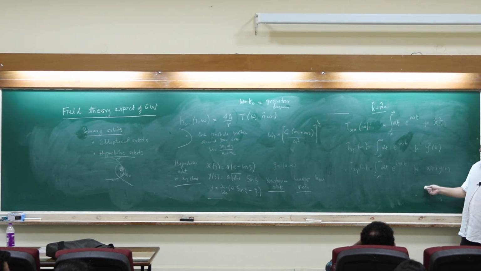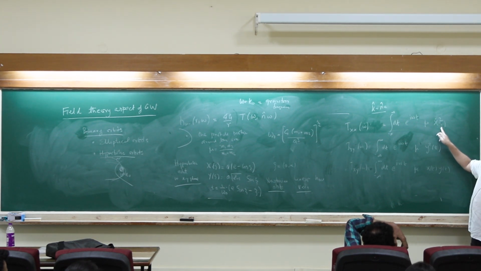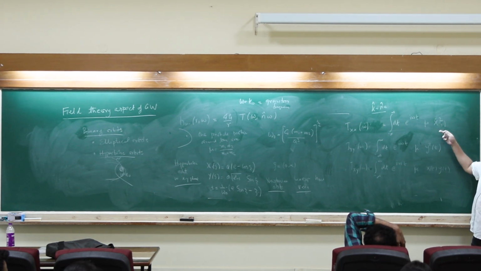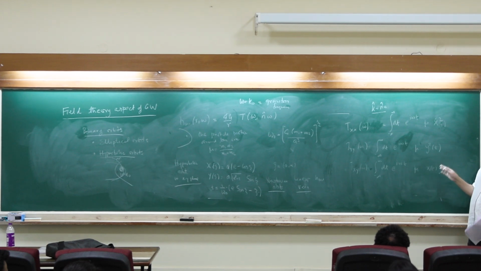So now the thing is to change the variable t to xi and do this integral in the xi variable. So that's a lot of algebra, but it's algebra. I mean, it's just 19th century maths.